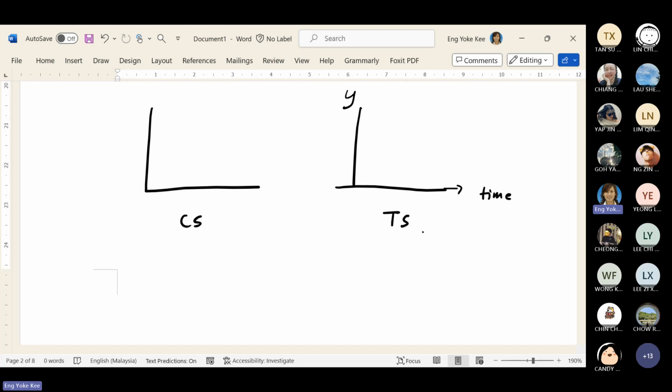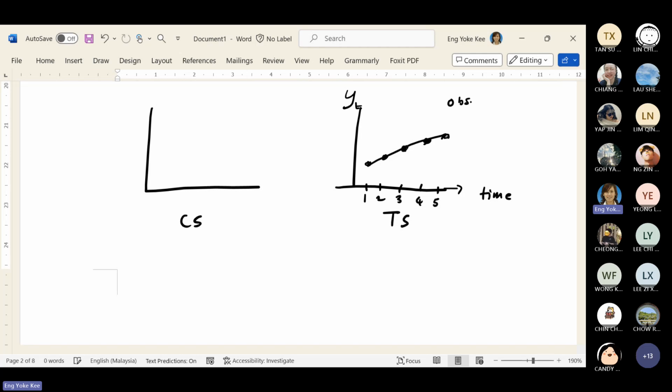What is so special about time series data is that if you're given a y series, one uniqueness of time series data is the data point.